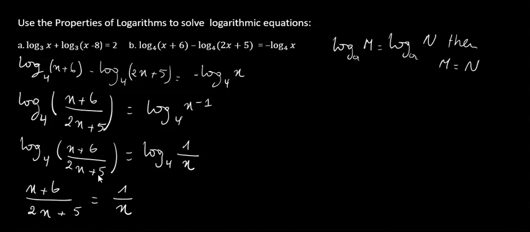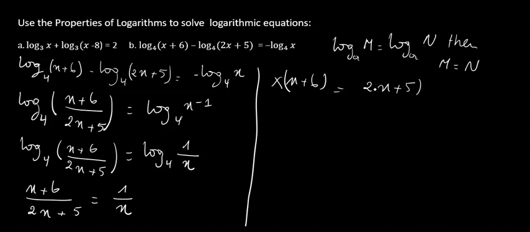Now I see I have here a quotient equation. I will solve the quotient equation. I'm gonna continue on this side: x plus 6 times x is equal to 2x plus 5 times 1. I'm gonna distribute. We have x squared plus 6x is equal to 2x plus 5.